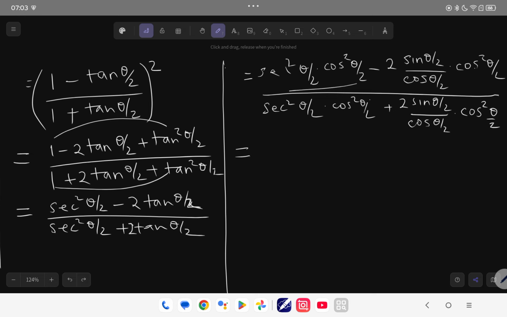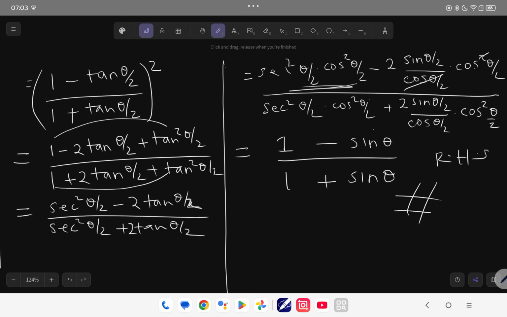This gives us a 1 minus, this goes with the power, 2 sine cos in terms of half angles gives us sine theta, out of 1 plus sine theta. This has brought us to our right hand side as required of us.